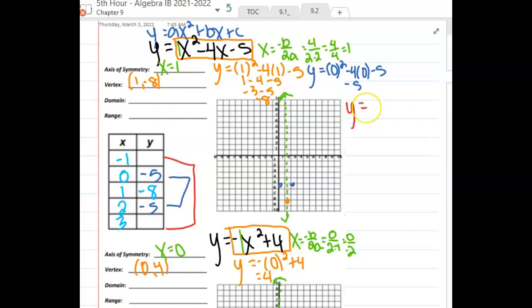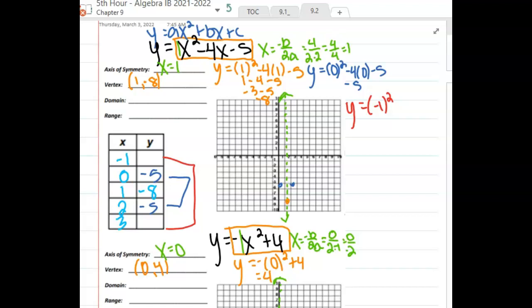Okay, you're going to take y equals, we're plugging in negative 1. So wherever you see an x, you're going to plug in negative 1. So my rule says to take x squared. So if x is negative 1, you are taking negative 1 squared. The whole thing, not just the 1, you're squaring the whole thing.